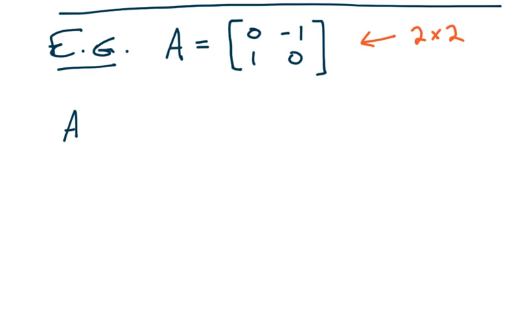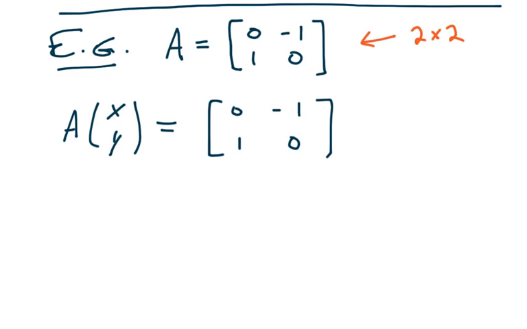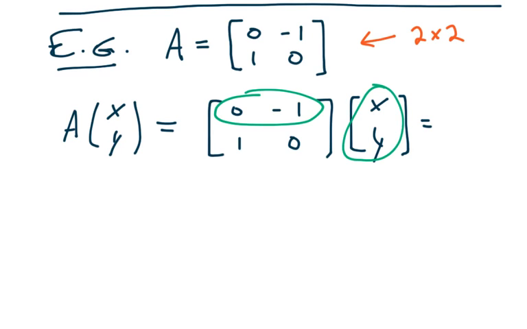Alright, so A, and here I'm just going to multiply it by a vector that looks like (x, y). Alright, so we can see what this thing does in general. Well, this is going to be 0, -1, 1, 0 times (x, y). And what is this going to do? Well, we multiply row by column. So go row dotted with that column.